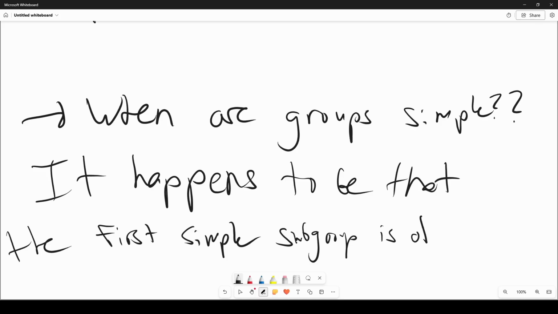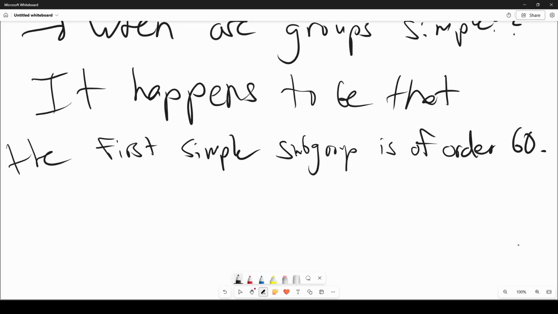The first simple group is of order 60. So you have to get up to 60 elements to first possibly find a simple group, and even then, not all groups of order 60 are necessarily simple. I haven't introduced this, but the alternating group A5, which is a subgroup of S5, the symmetric group on 1 through 5, is simple.